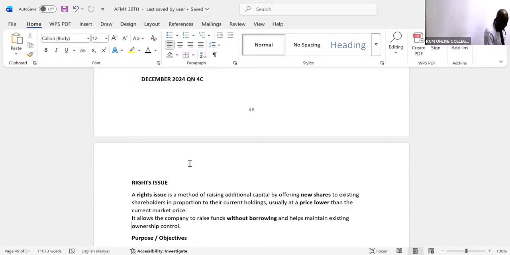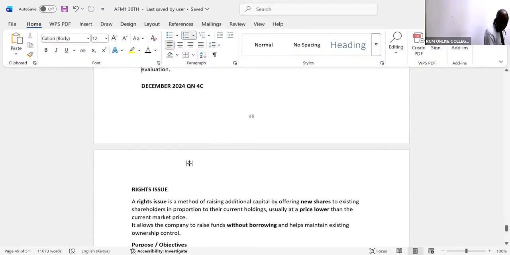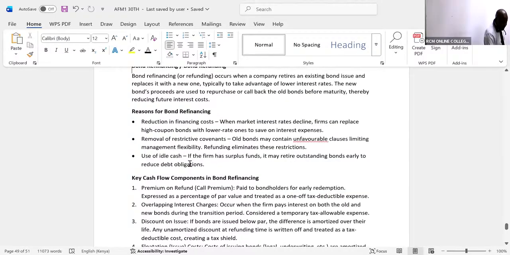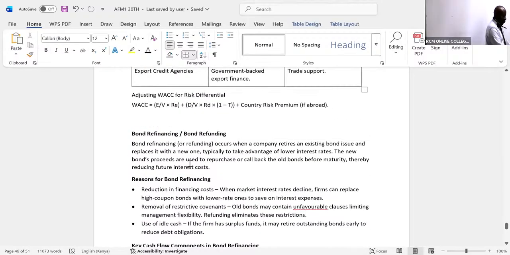But you're doing, in this case here, what we call bond refinancing. You can look at your syllabus. There are 3 key things here. So we have bond refinancing.